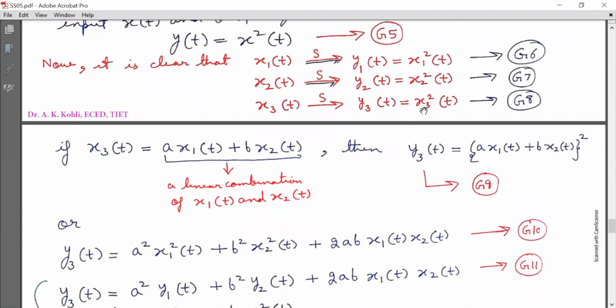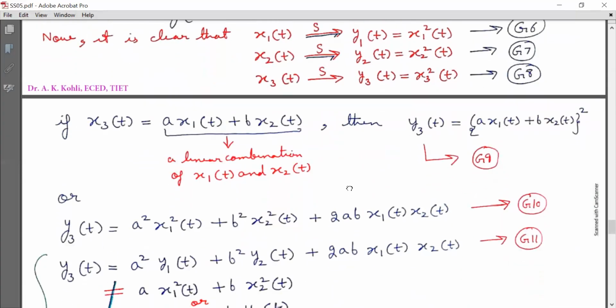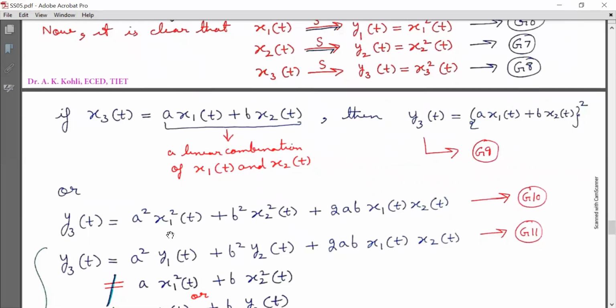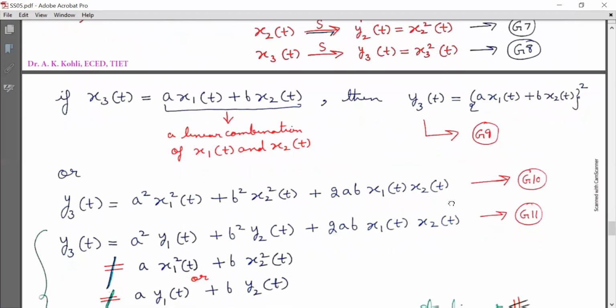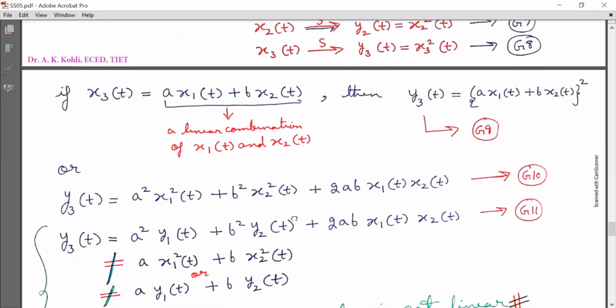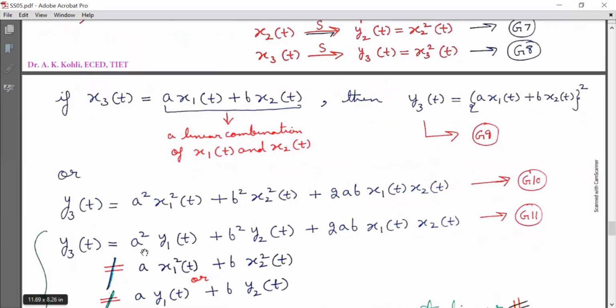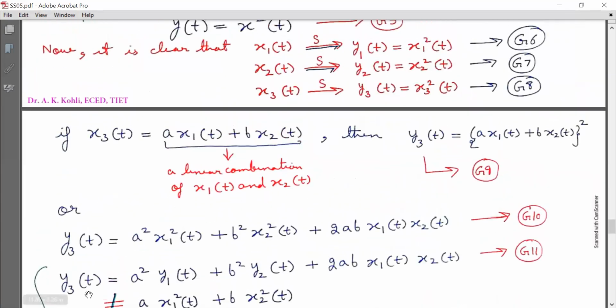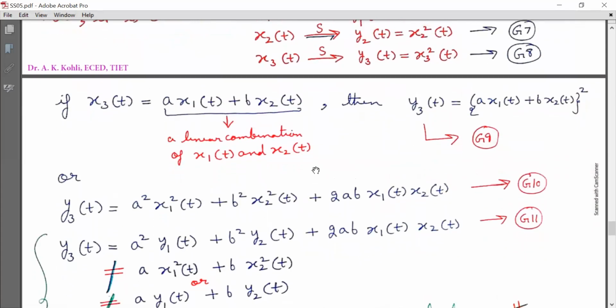So based on equation G8, I can reach equation G9. So y3(t) is a square x1 square(t) plus b square x2 square(t) plus 2ab x1(t) x2(t), marked as equation G10. From equations G6 and G7, y3(t) is equal to a square y1(t) plus b square y2(t) plus 2ab x1(t) x2(t), marked as equation G11.